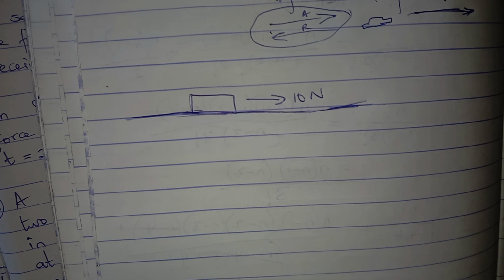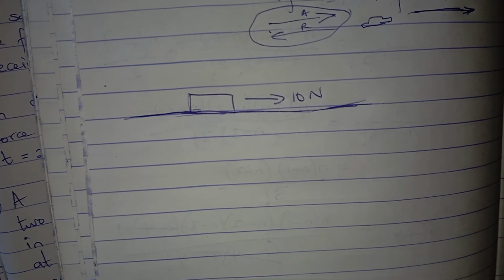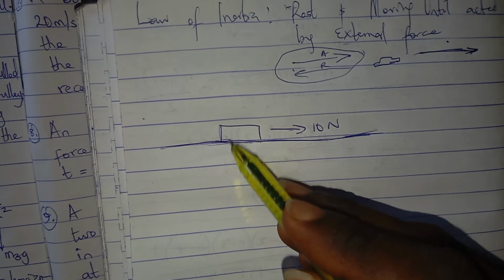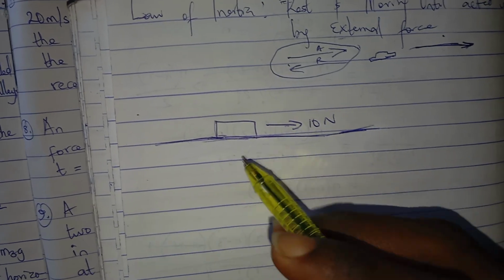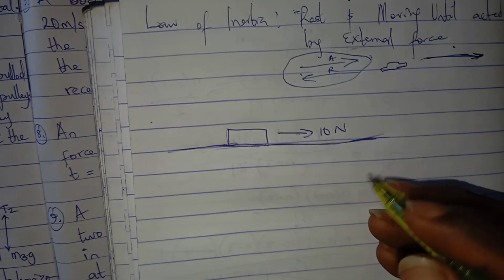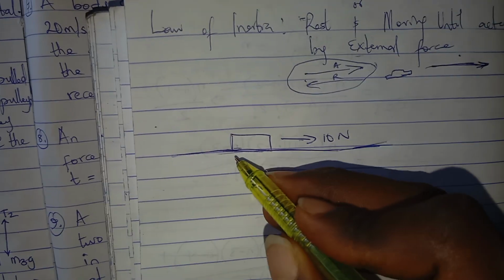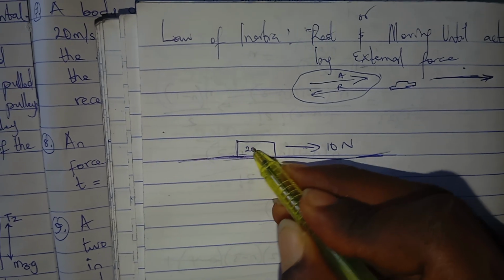So whenever force is mentioned, it means you need to look around and check for the forces there. Notice that they just gave me one force acting on one object, a body of mass 20 kg.